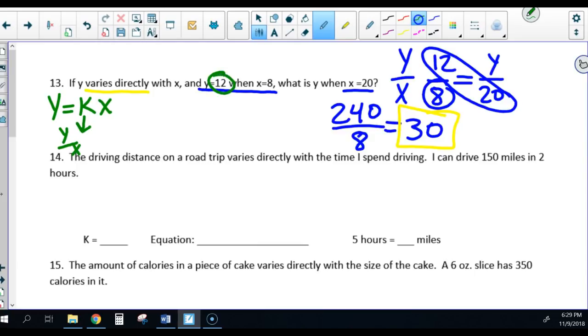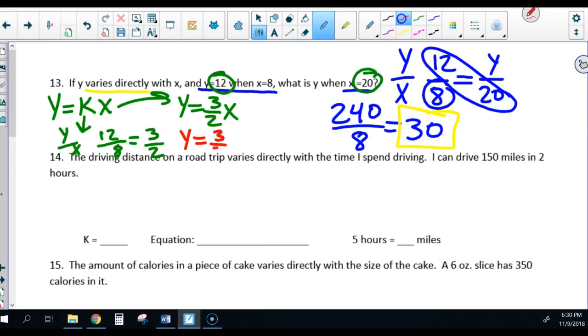So if I take y, which is 12, over x, 8, that's going to give me k. 12 over 8 is 3 over 2. So my equation is y equals 3 over 2x. Well, they tell me x is 20. So I can say y equals 3 over 2 times 20. Once I do the math, that's 60 over 2, 30.